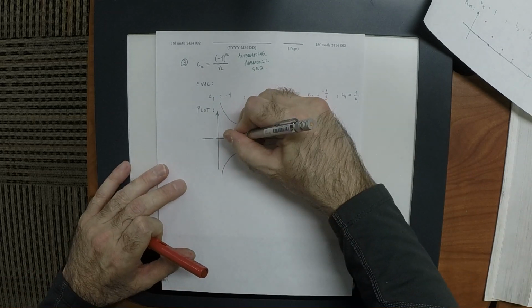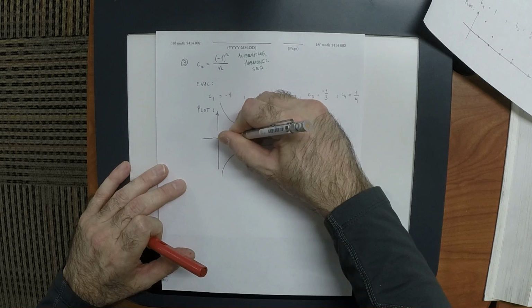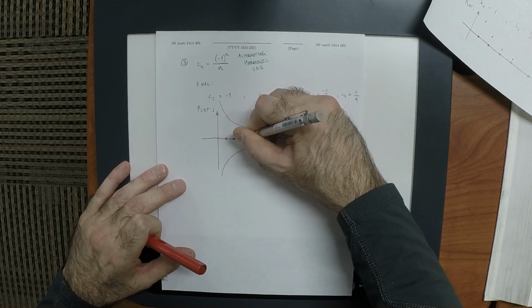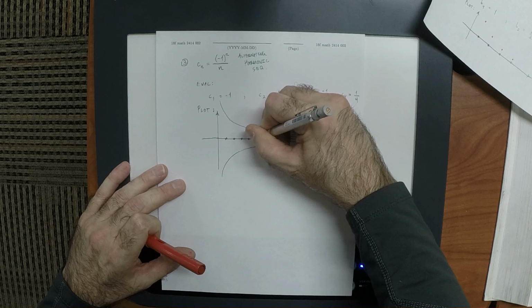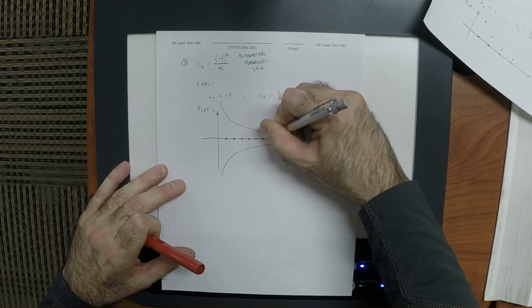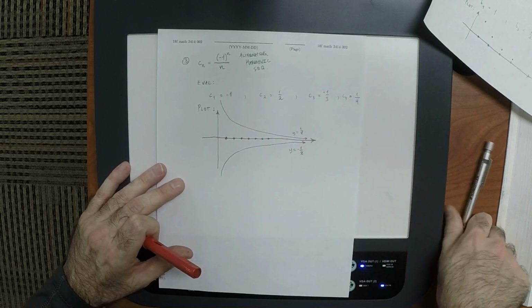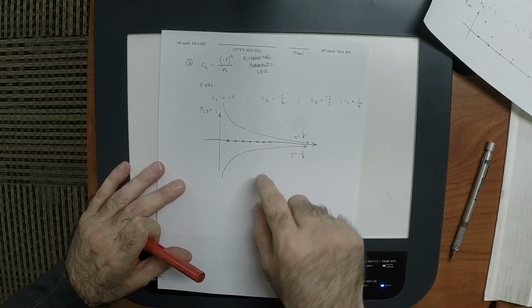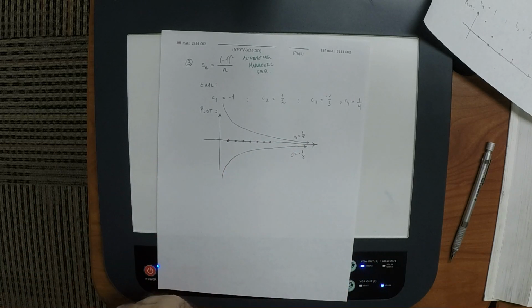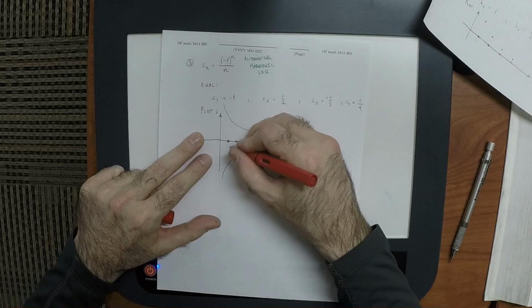So we're going to plot. I'll say that this is like 1, 2, 3, 4, 5, 6, 7. So supposing that I correctly and faithfully plotted 1 over x and negative 1 over x, then the alternating harmonic sequence would look like this.